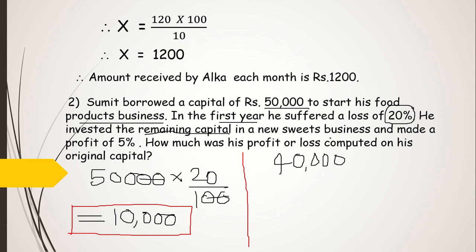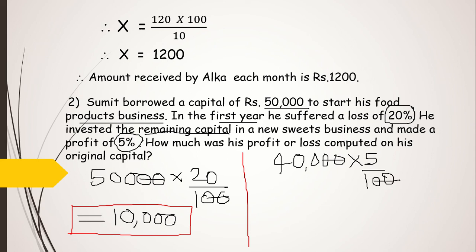Now he started a sweets business and this time he made a profit, but the profit was only 5%, compared to the loss of 20%. Let's see how much that 5% is. So on this 40,000 he got a profit of 5%, that is 5 upon 100.